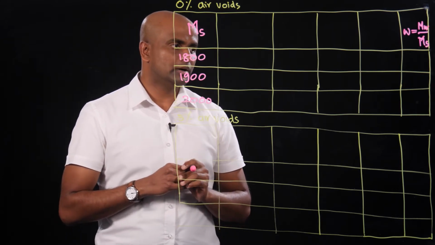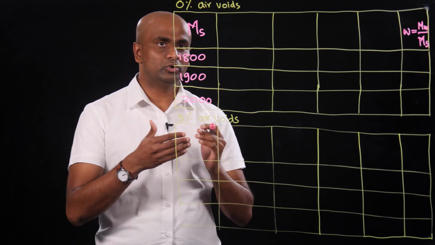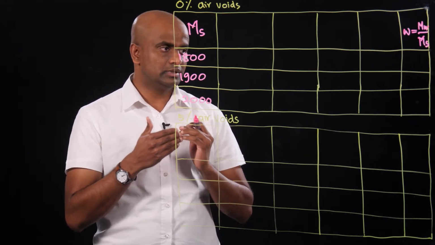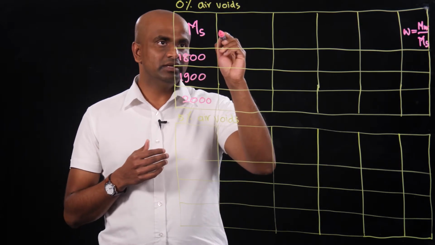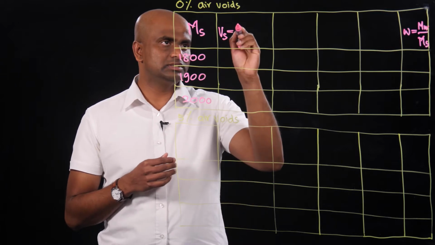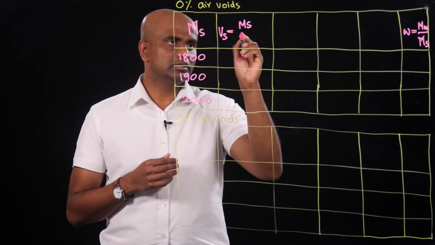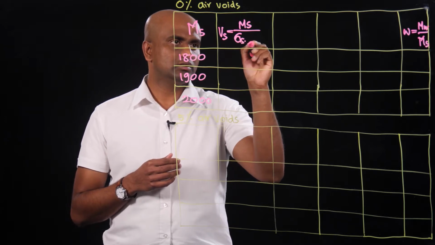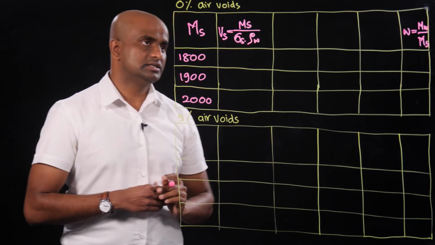From the Ms values, since we know the Gs value, which is the specific gravity of the soil, we should be able to determine the Vs, the volume of solid, which is Ms divided by Gs times rho w, the density of water.